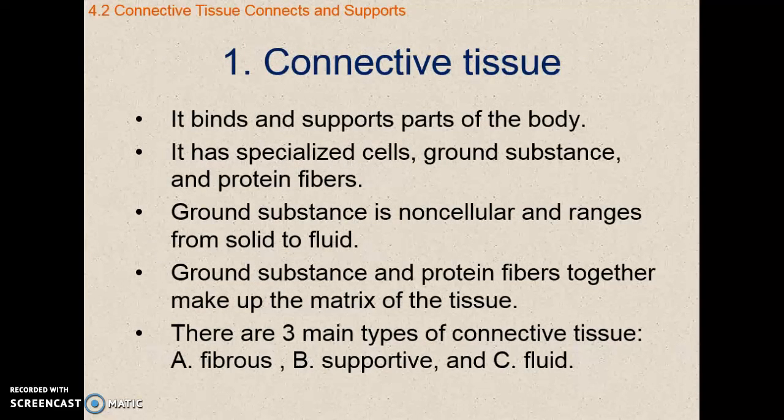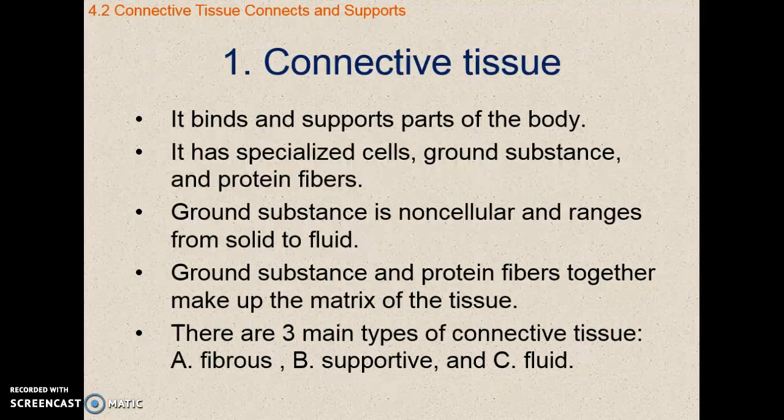So the first type of tissue is going to be connective tissue. And the connective tissue is what it says. It connects materials. So it's going to bind and support parts of the body. It has specialized cells. It has what's considered a ground substance.